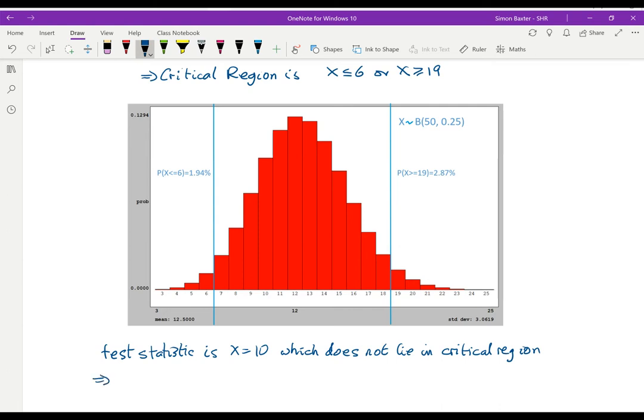If the statistic does not lie in the critical region, it's in the middle here. It's in the bit where we're not surprised.